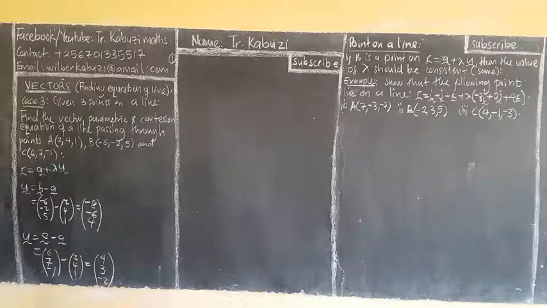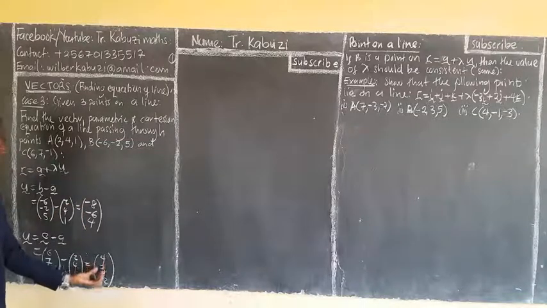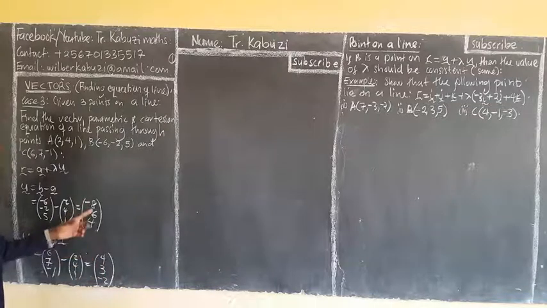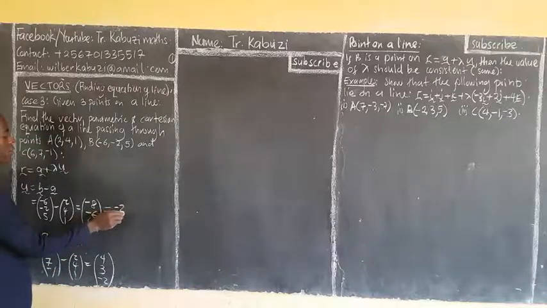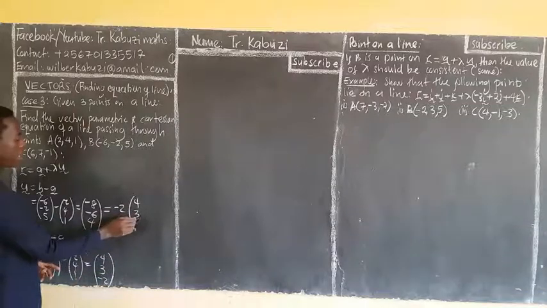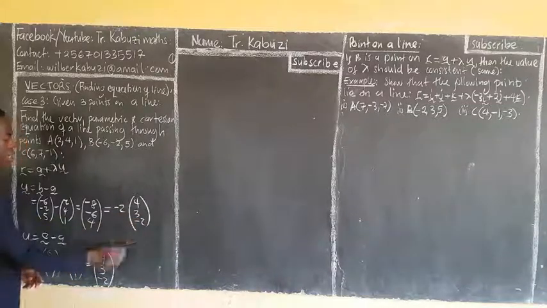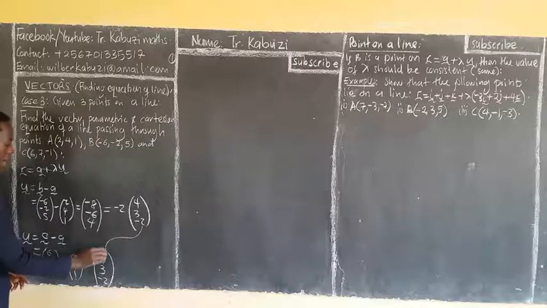So members, you always take note of this part. Here you can factorize out a negative 2, and this will now be 4, this will be 3, and this will be negative 2, which is the same as this.